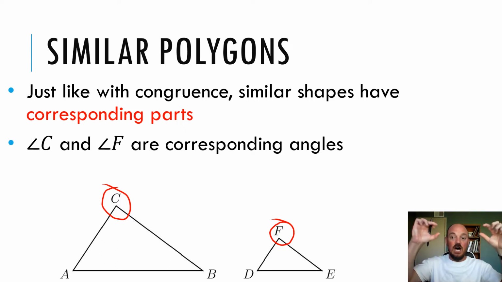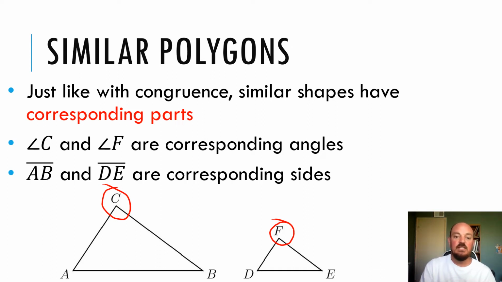That's basically like the top angle of each of the triangles. Then for another example, I said side AB, which is the bottom right here, corresponds to side DE, which is the bottom of this one. So it just has matching parts, exactly like congruent shapes.